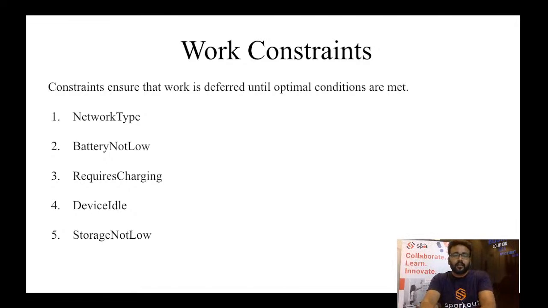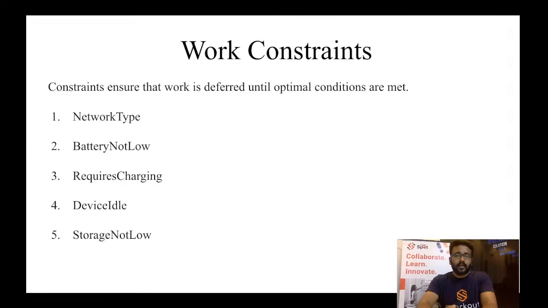If we set true for this function, before executing the work it will check whether the battery is low, or it has the required battery level. If it fails, the work will never start the execution. Requires charging is also a boolean function. If we set true, it will check during execution whether the device is in charging mode or not.